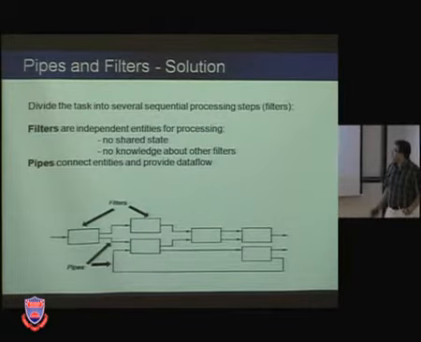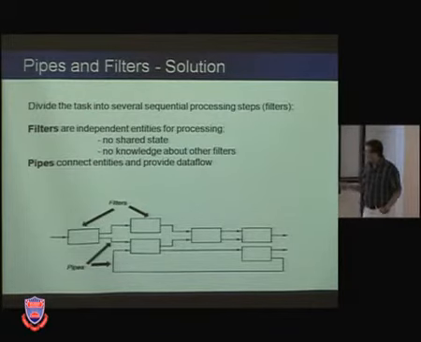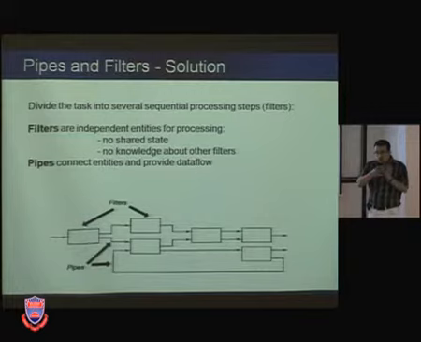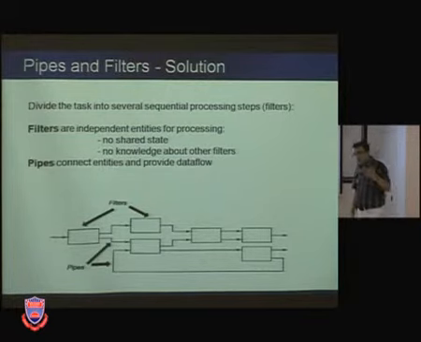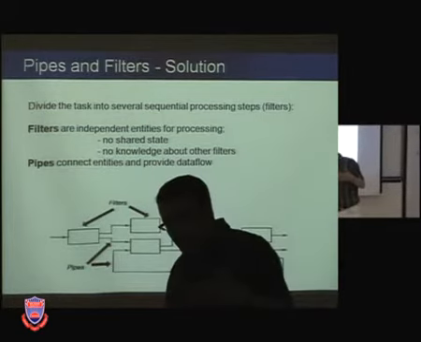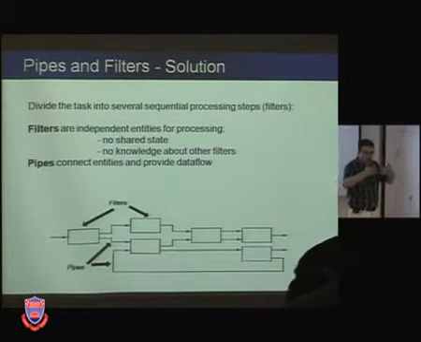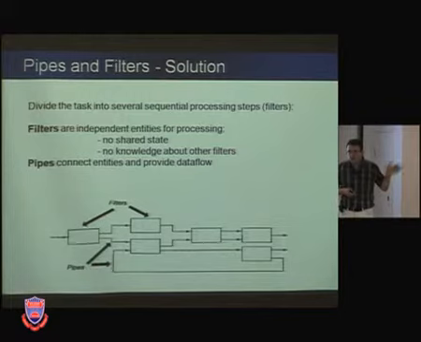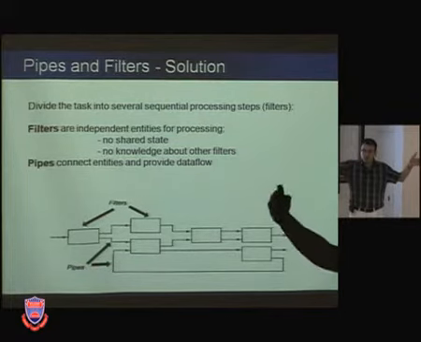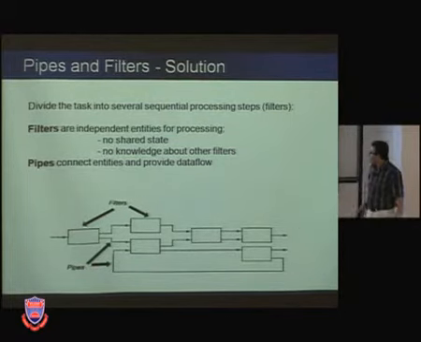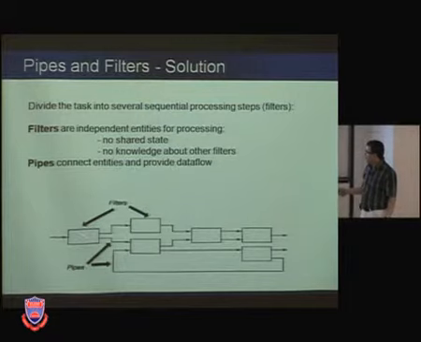So typically then, the solution could be like this. You structure your system as a pipeline consisting of filters, and pipes which connect these filters. You have a data source in the beginning and a data sink. Every filter is independent from other filters.